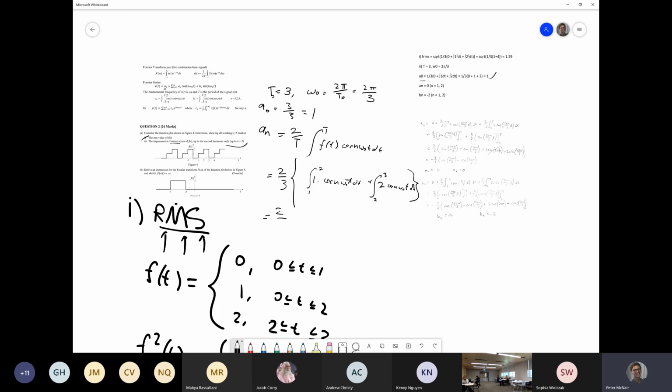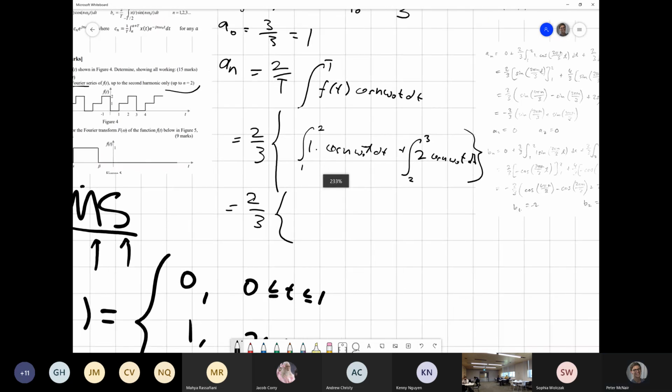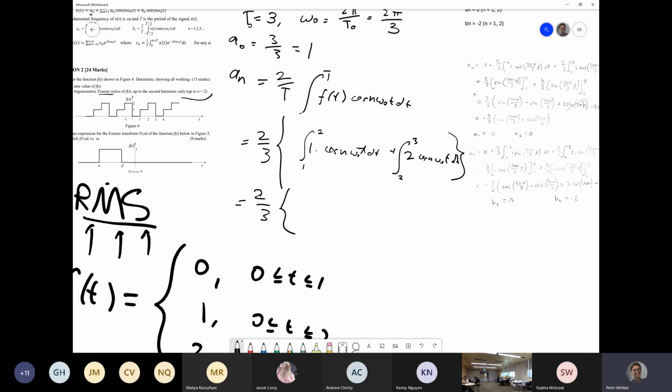You've got to be careful with this, but it's not super difficult integration. We've done sine and cos a lot. So 2/3, we're going to go for cos goes to minus sine, and we're going to divide by this. It's between 1 and 2, and then 2.